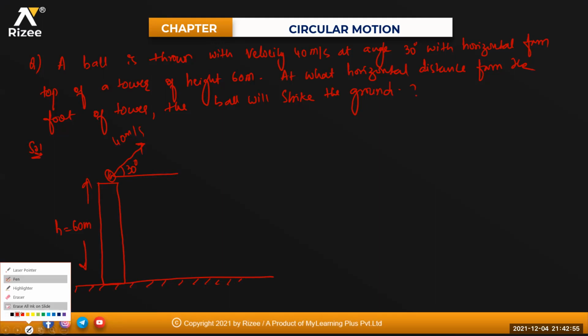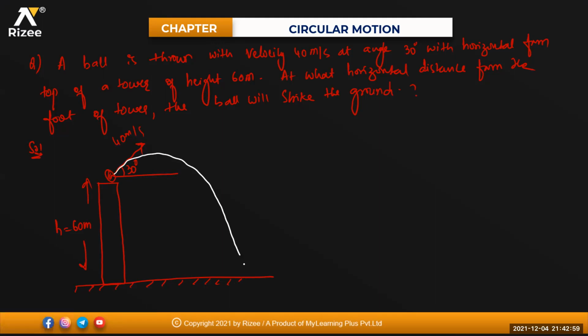The ball will make a projectile like this and it will hit the ground somewhere here. It is asking, from the foot of the tower, this distance is equal to how much? Now first resolve this 40. Horizontal will become 40 cos 30 and vertical will become 40 sin 30. Clear for everyone?